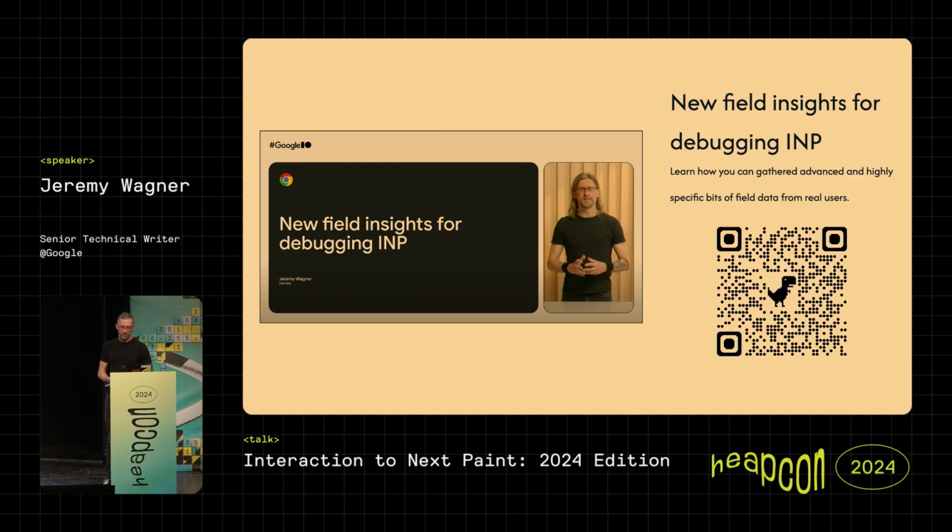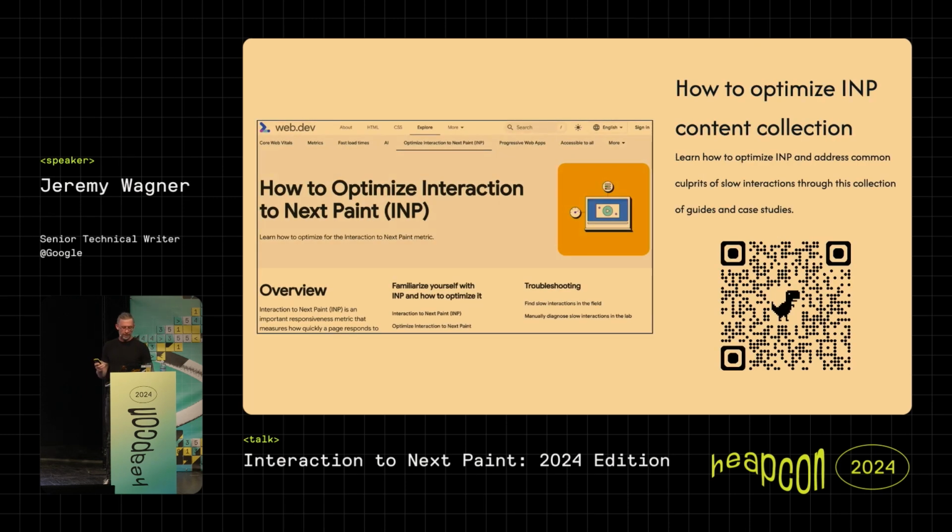And this information and an accompanying code lab is available in the form of a video I shot for Google I/O on demand this year. You can search for it on YouTube if you Google new field insights for debugging INP, and you can check that out.